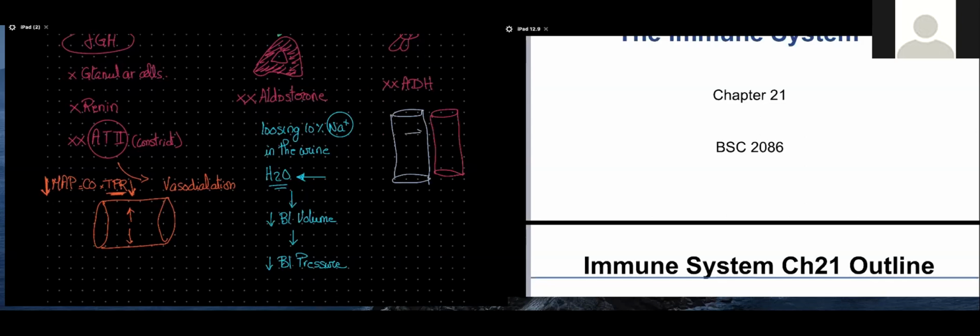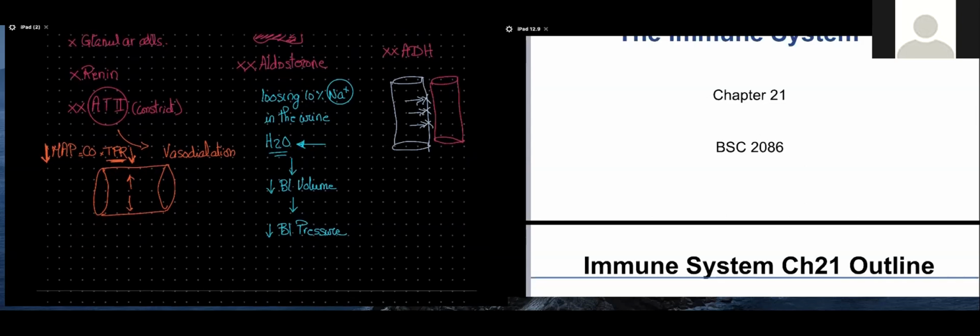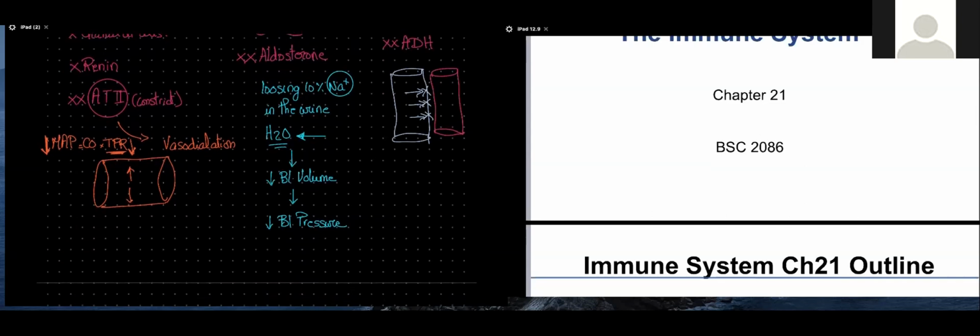So if you're not getting the water back to your blood because you don't have ADH, this means what in terms of blood volume? If I didn't reabsorb this water back, I will have a reduction in my blood volume. And as you reduce the reabsorption of the water back, reducing your blood volume, this is going to result in a reduction in your blood pressure.